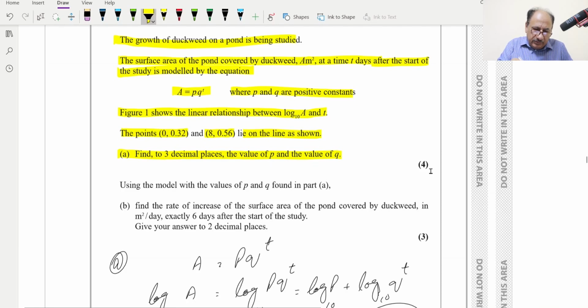Part B: basically, use the model with the values of P and Q found in part A. Find the rate of change of the surface area of the pond covered by the duckweed in meters square per day exactly 6 days after the start of the study. Give your answer to two decimal places.